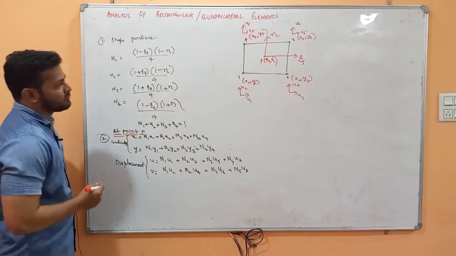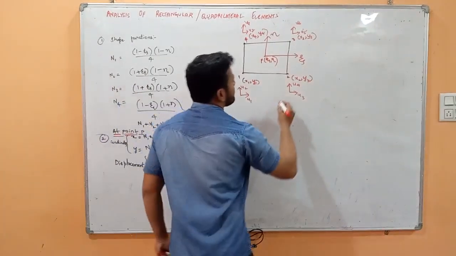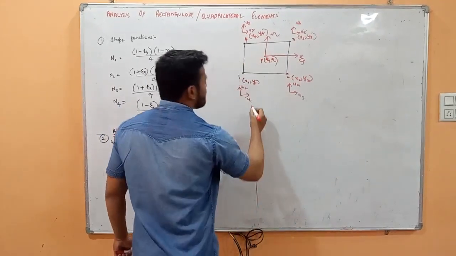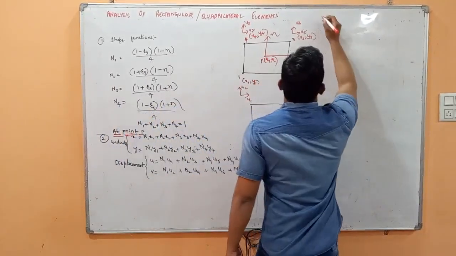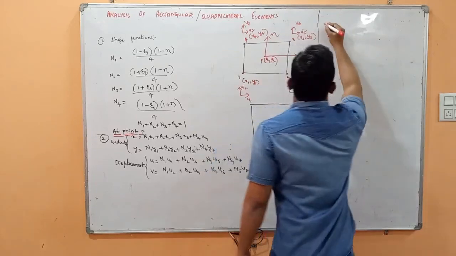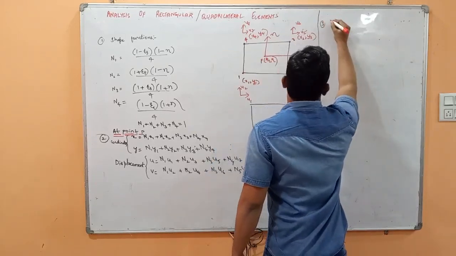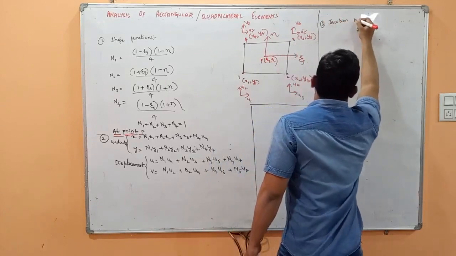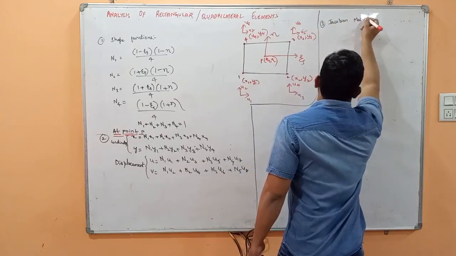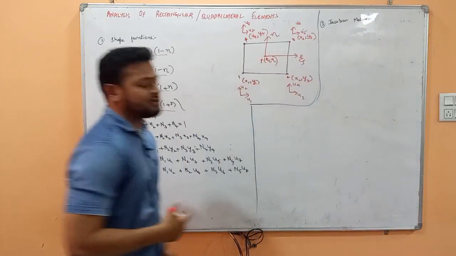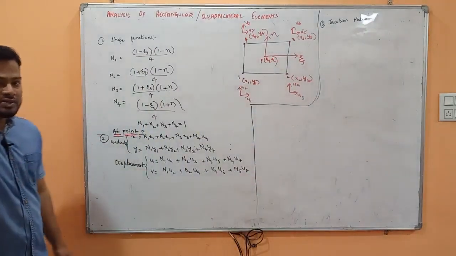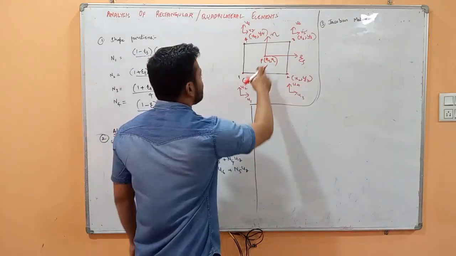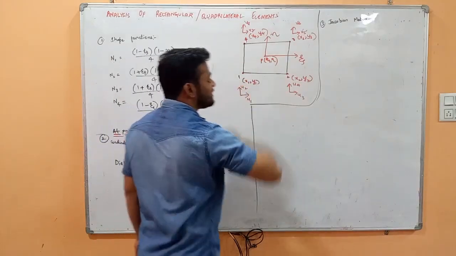So the next formula is the Jacobian matrix. So formula number 3 is the Jacobian matrix. Sometimes in the exam the examiner asks us to find out the Jacobian matrix. This matrix also helps us in determining the relation between x and eta.